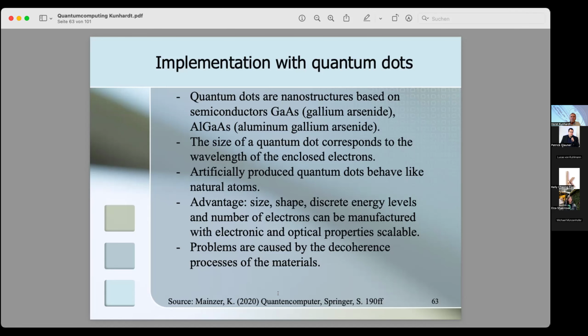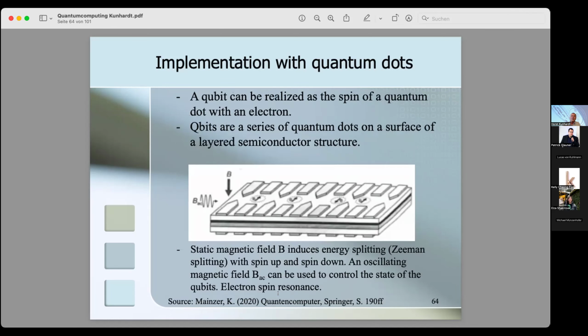So it's a very promising approach, but same problem, always remember DiVincenzo's list. How long is the decoherence time in the system? So it can be realized with classical chip development technology. So the qubits are a set of quantum dots on a surface on a classical semiconductor structure.